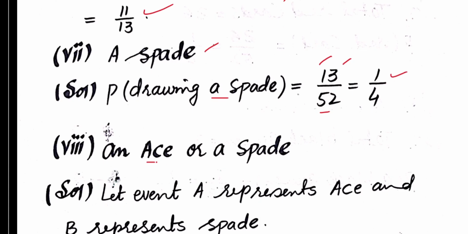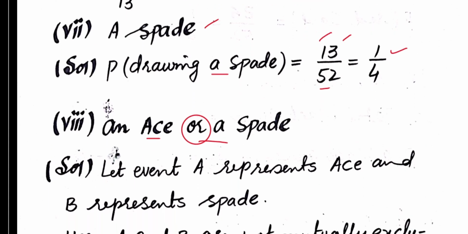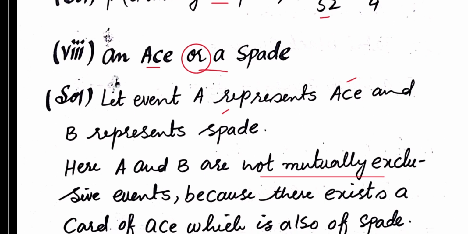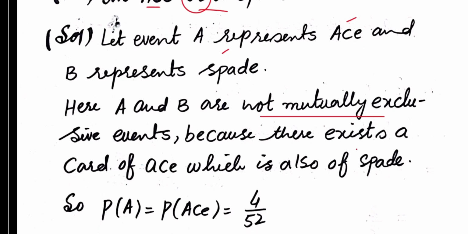Probability of an ace or a spade. Again, this is "or", which means we have to find the probability of a union. Let A represent ace and B represent spades. Here A and B are not mutually exclusive events. It means they can occur together, because there exists a card of ace which is also a card of spade.